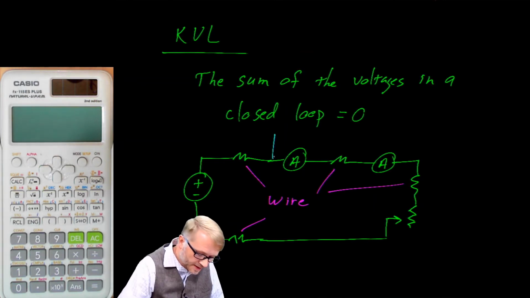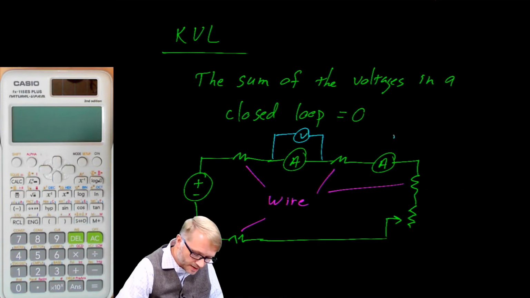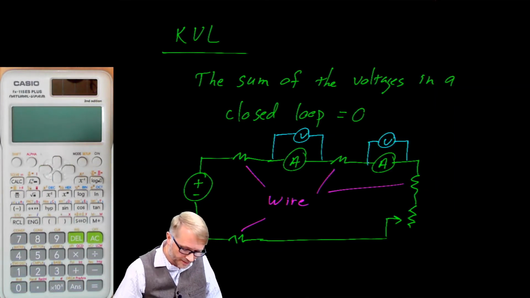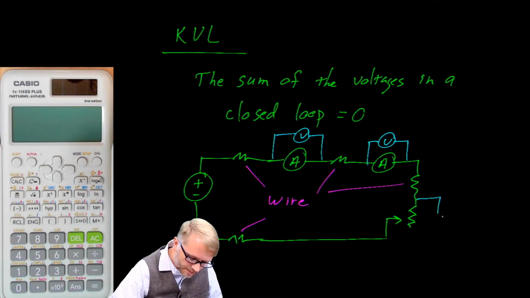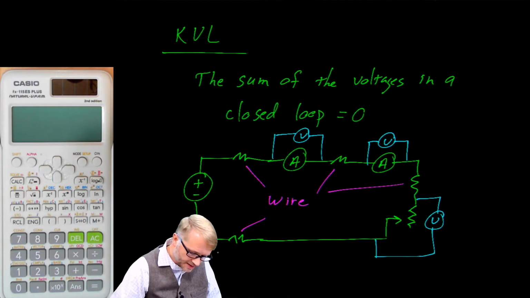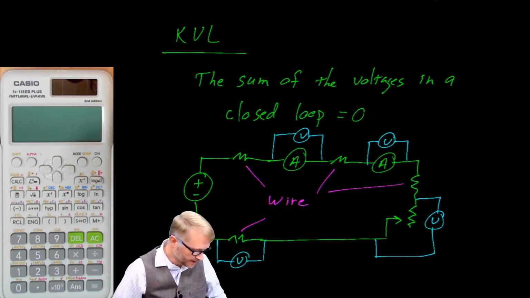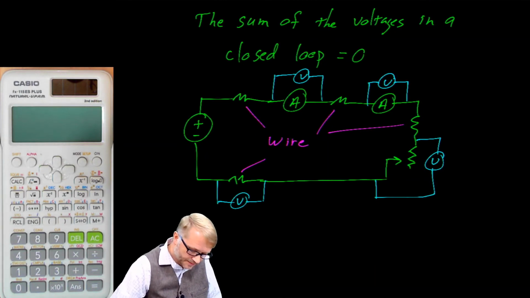In the lab, you measured the voltage drop across an ammeter, the voltage drop across that old analog meter. You measured the voltage drop across the rheostat, and you measured the voltage drop across each wire. And you said this.